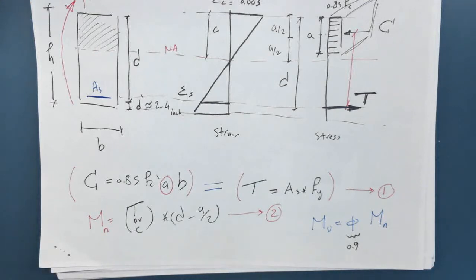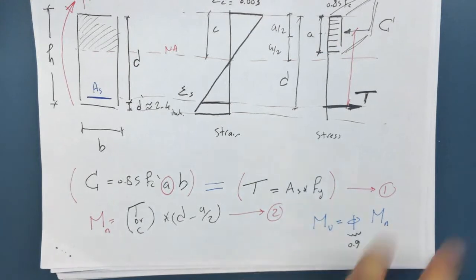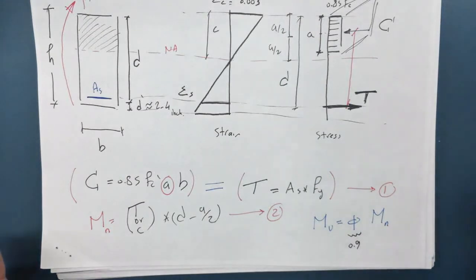I have a problem that asks you, knowing this piece of information, to find the value of phi. But if the problem doesn't ask you, you can safely assume it's fine. Okay? So this is, in just one slide, the review of what happens in bending. Okay, any question about that?